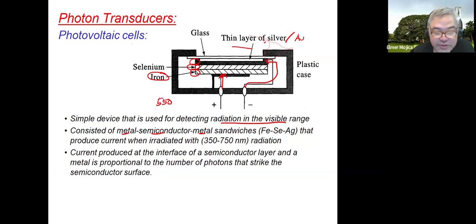Current is produced at the interface of the semiconductor layer and the metal, and is proportional to the number of photons that strike the semiconductor surface. The currents produced by photovoltaic cells are usually large enough to be measured with a microammeter.